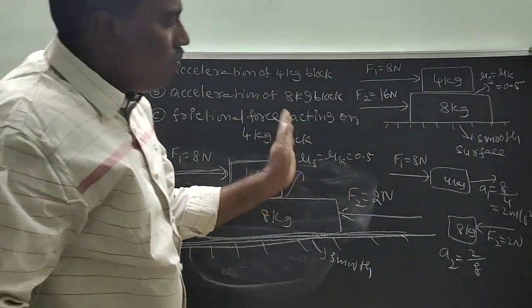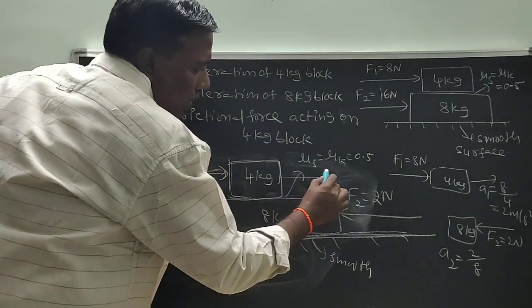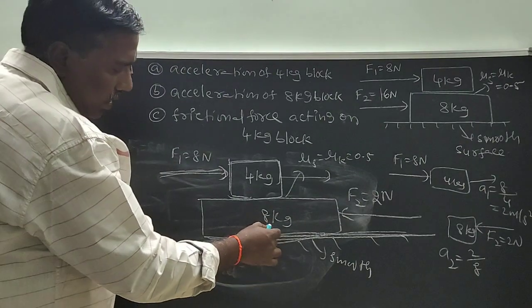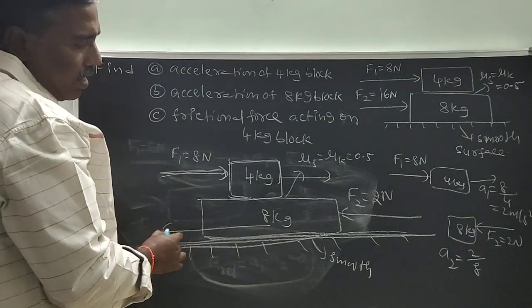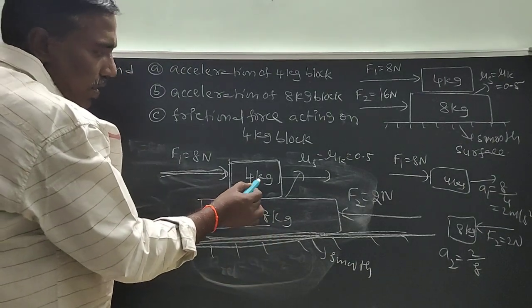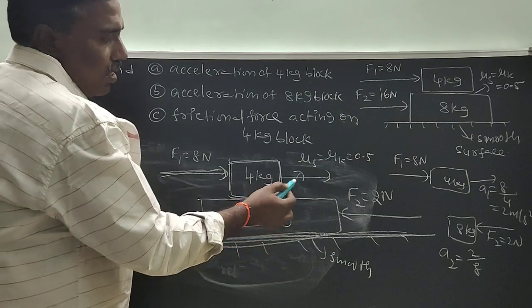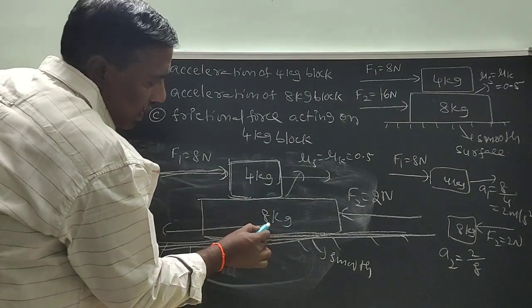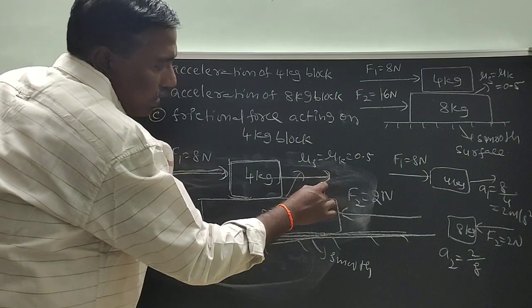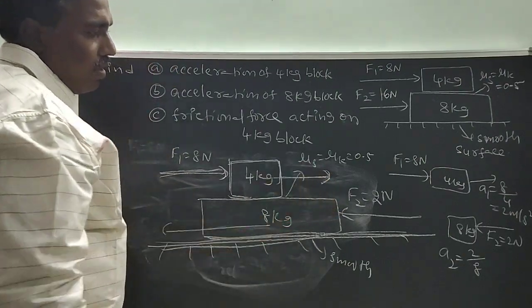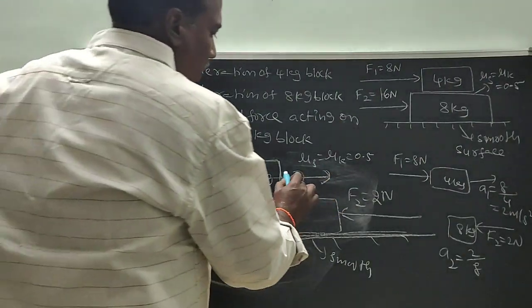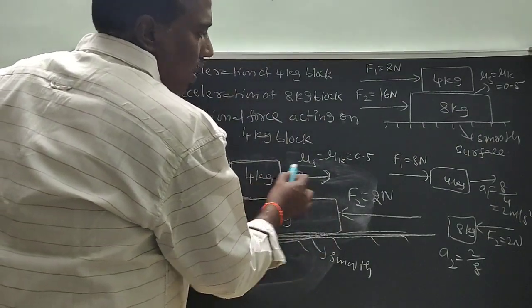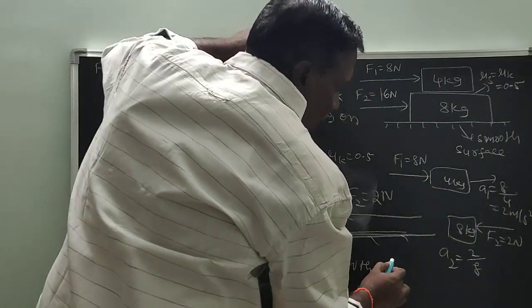That means the acceleration for this block is in the forward direction, and the acceleration for this block is in this direction. As a result, there is a relative acceleration. So with respect to this 8 kg block, the 4 kg block is moving in this direction.